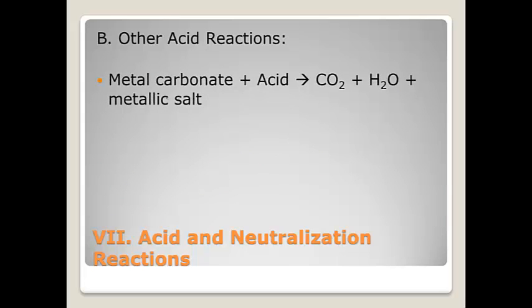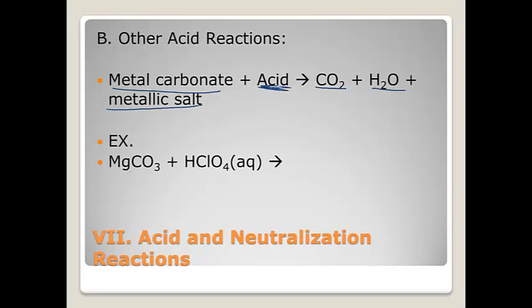Now, metallic carbonates plus an acid will produce CO2, H2O, and the metallic salt. So here's a metallic carbonate. That's your carbonate. There's your metal with your acid. So we know we're going to get CO2, H2O. What's the salt going to be? Well, it has to be the metal, which is Mg2 plus, and this went to make the H2O.